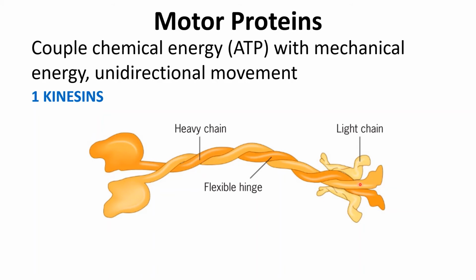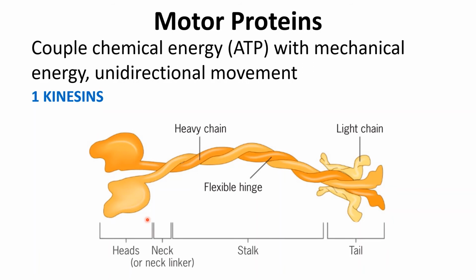So the vesicle is attached here, and then this is the foot that walks on the microtubule. Or rather, it's called here the head. Alright, and the tail is the one that holds the vesicle or the organelle. So very small, they are around 80 nanometers from head to tail.